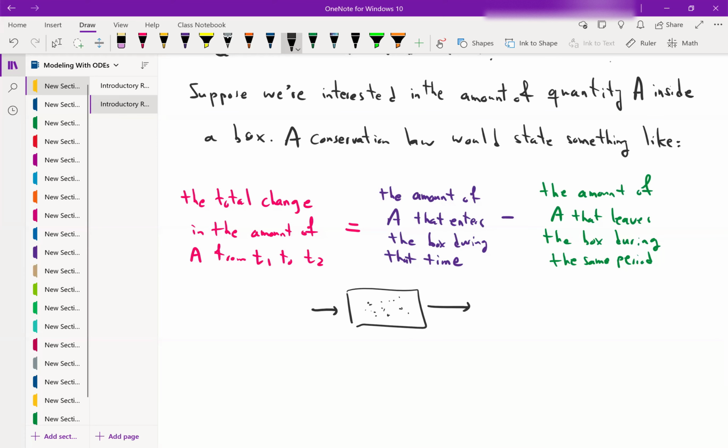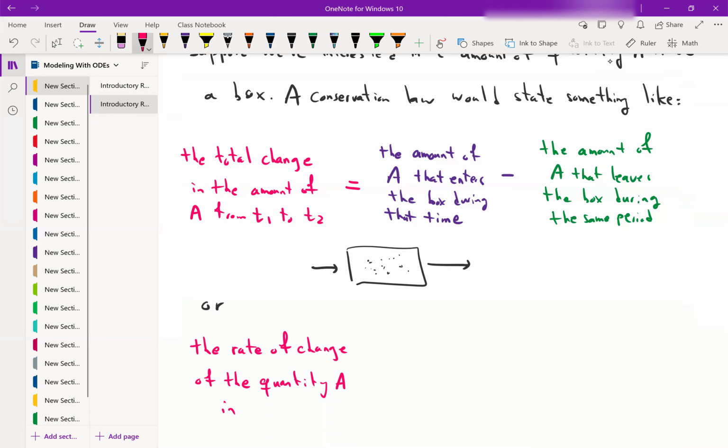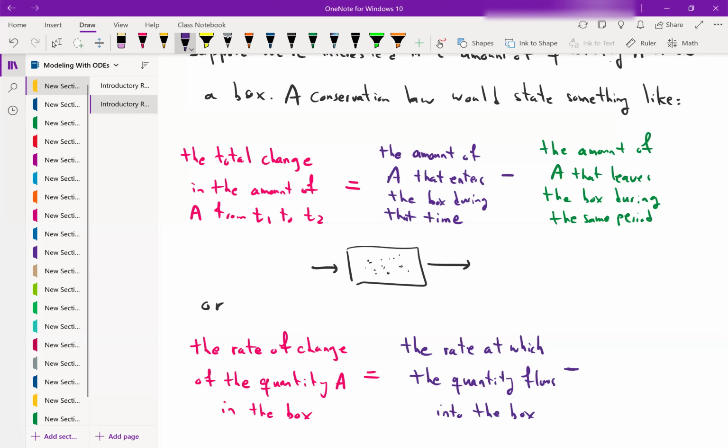Another way to state our conservation law is that the rate of change of the quantity A in the box must equal the rate at which the quantity A flows into the box, minus the rate at which the quantity flows out of the box.